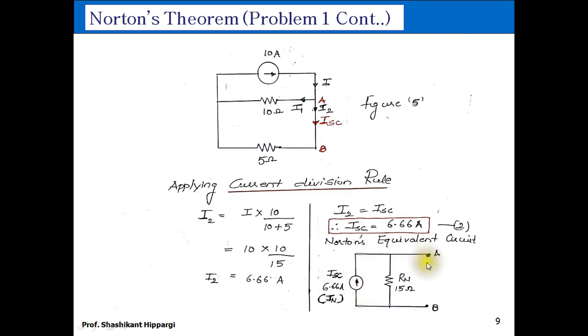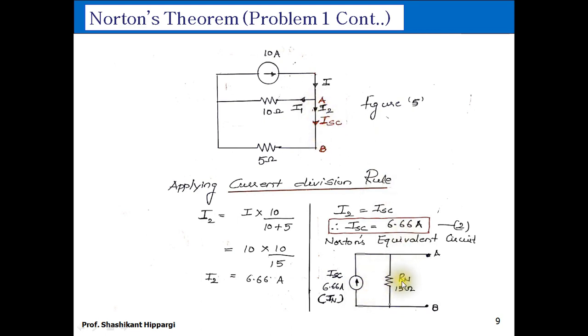If the current has to move from A to B like this, from top to bottom, then from this side it should move from bottom to top, right? So the current direction is shown from bottom to top, so the current can flow like this, and then it will be from A to B as shown here, because we have calculated the current from A to B.